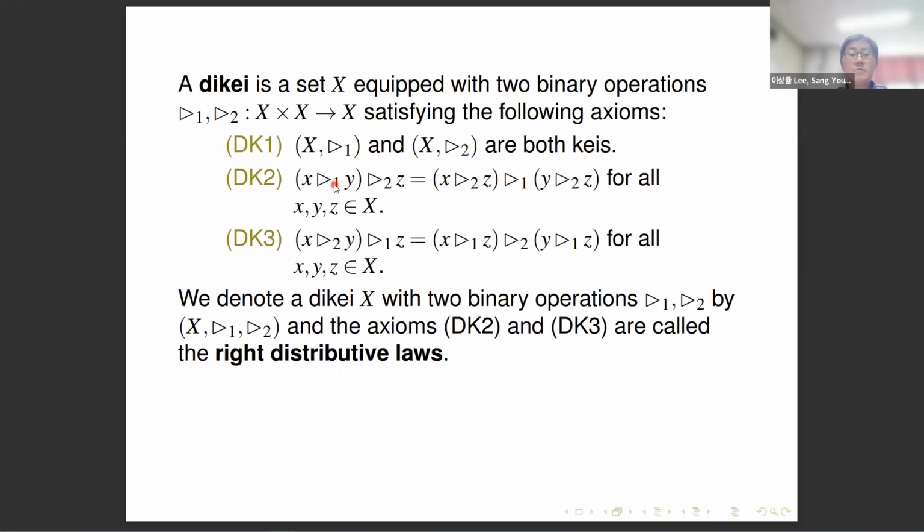And these two operations, delta 1 and delta 2, satisfy these distributive laws, called right distributive laws. A dikei X is denoted by these triples.